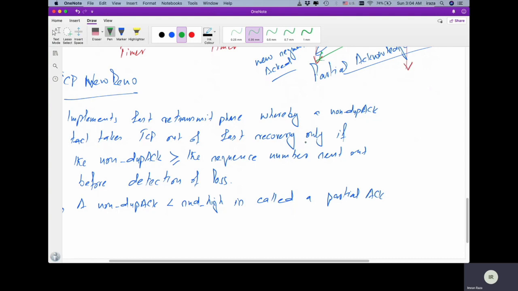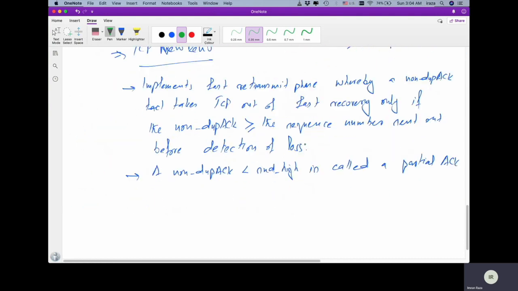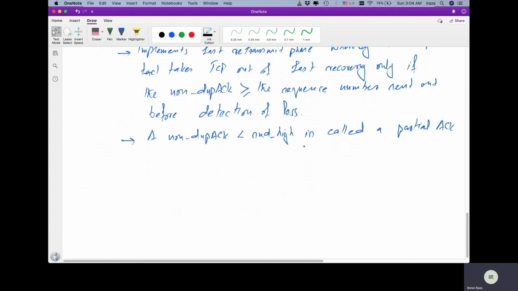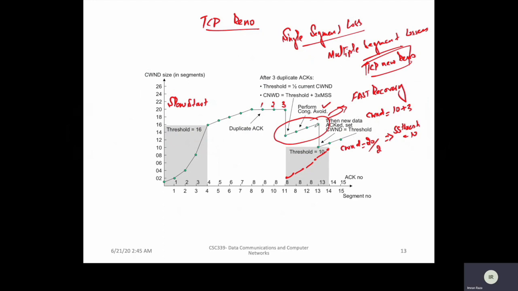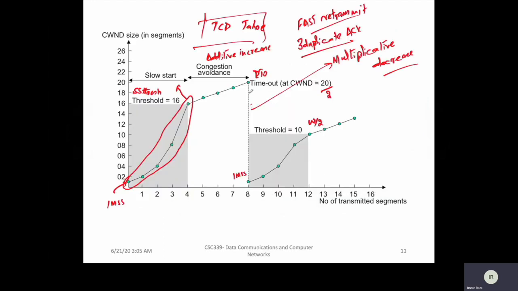And there are more variations of TCPs available. For example, in order to control this retransmission, we also have TCP with Selective Acknowledgement. By the way, let me make it clear. Let's go back to the slide. So when we experience a timeout, or upon receiving triple duplicate acknowledgement, we enter into a fast retransmit mode.